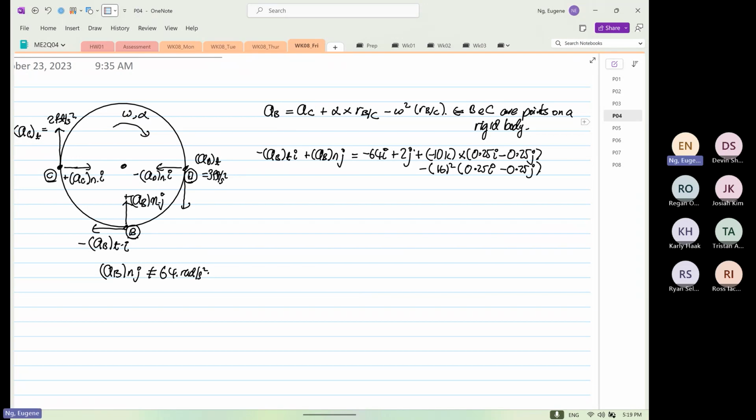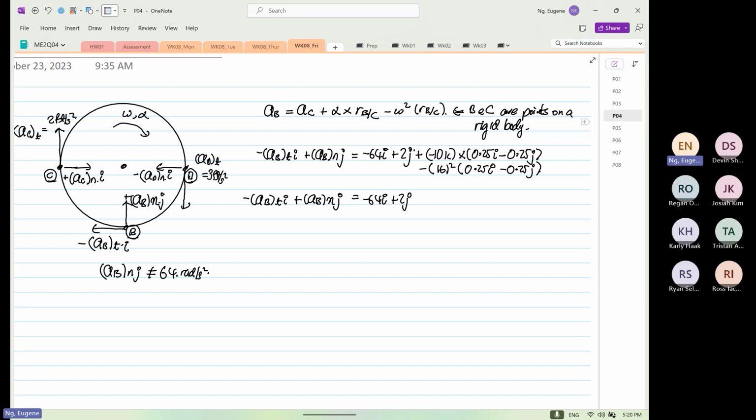Okay, so i and j. Point B from C, positive. Yep, we are good. So then we can formulate aB tangential i plus aB normal j. This is equal to minus 64i plus 2j. k cross i is positive, so minus 2.5.